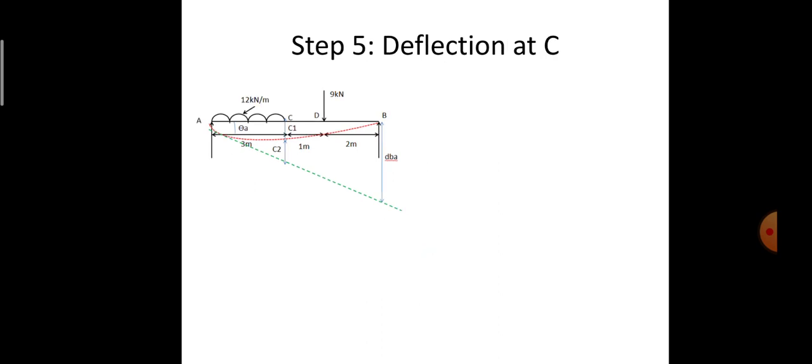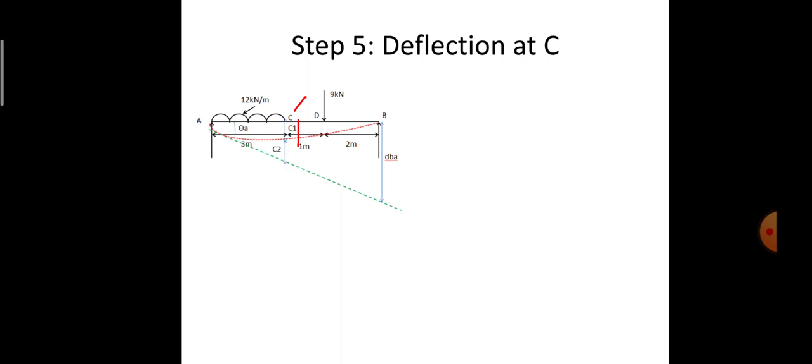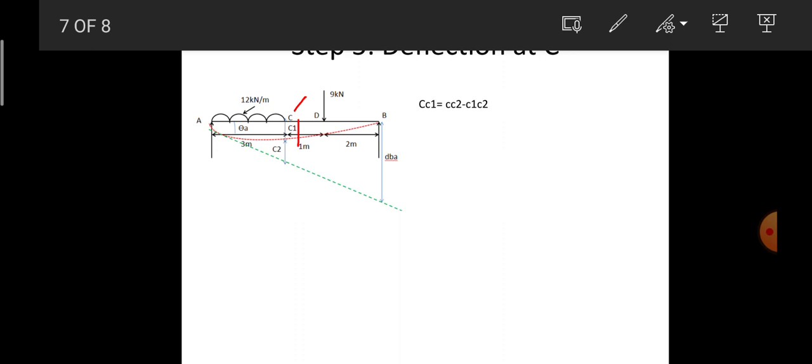So next comes the determination of deflection at point C. Here C1 represents the final point, and CC1 is the deflection due to the application of load. C represents the initial point and C1 represents the deflected point. My aim is to determine the distance CC1. So I can write CC1 is equal to CC2 minus C1C2.